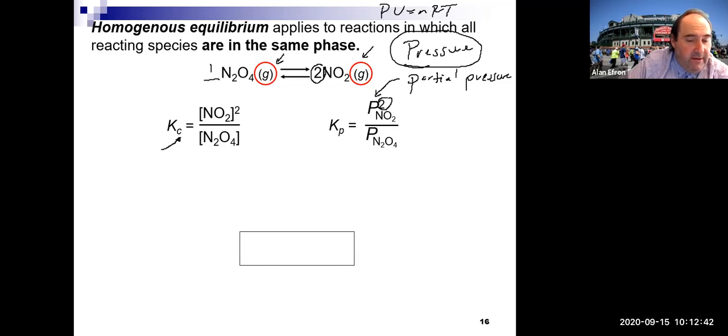So we're doing the concentration of NO2 squared over the concentration of N2O4. This is what is known as the Kp, and I imagine you could probably figure out what the P stands for, P for pressure here. And this is our partial pressures of NO2 over N2O4.